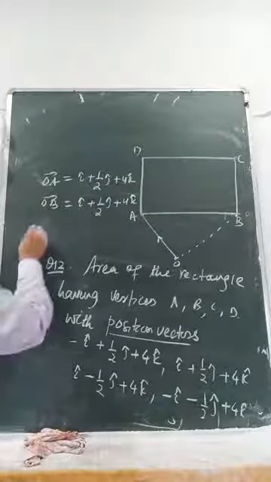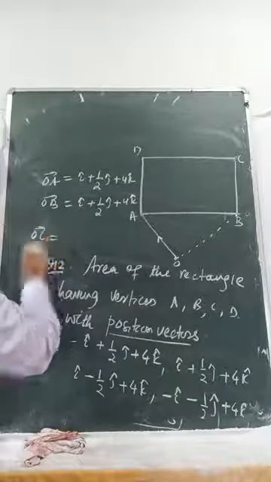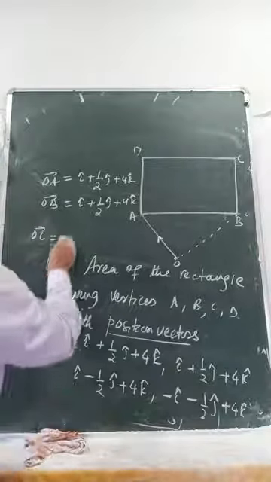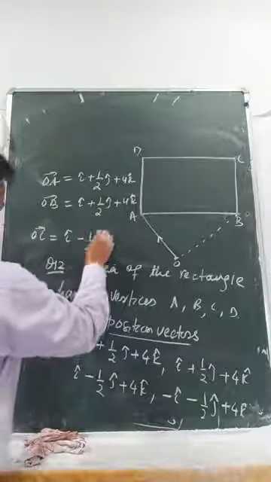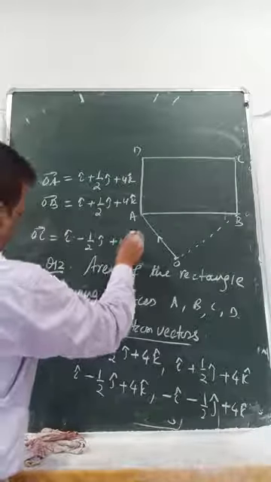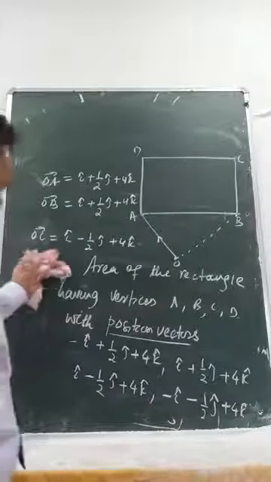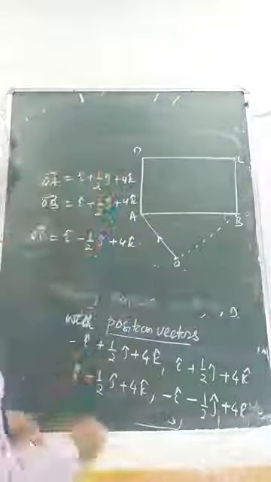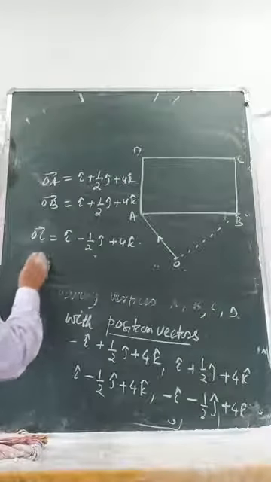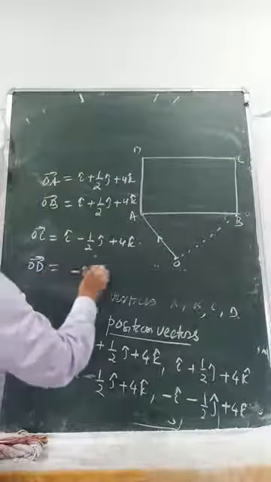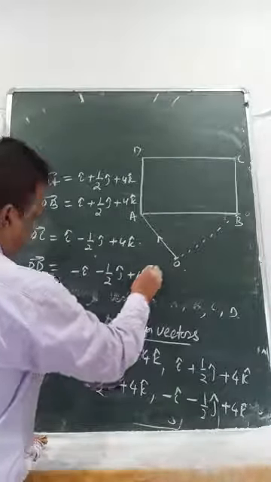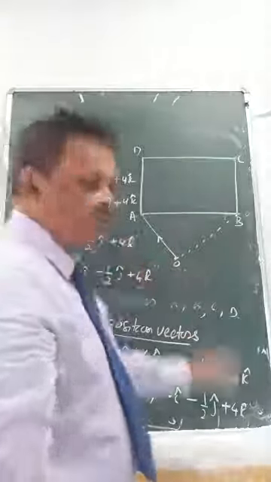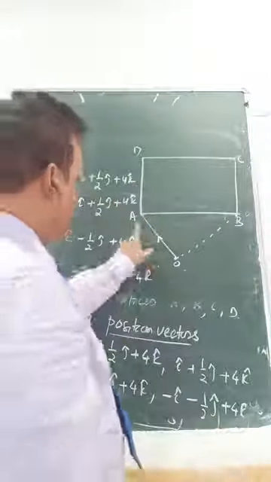OC similarly you can write, OC is i minus half j plus 4k, and OD vector is minus i minus half j plus 4k. So when there is a word of position vector, this is given in vector form.